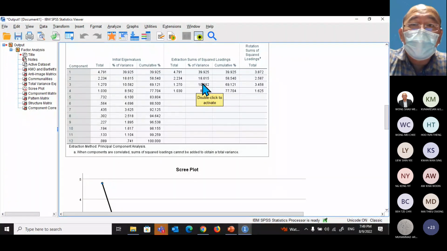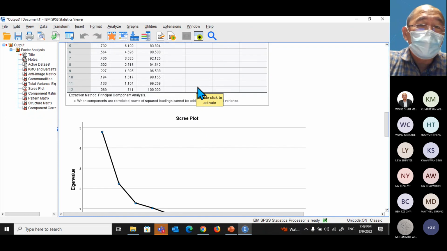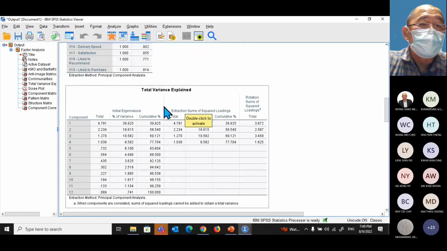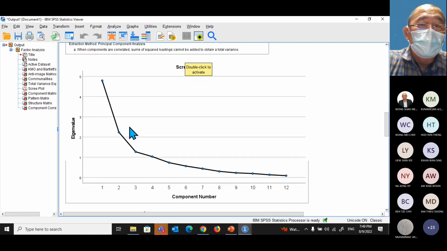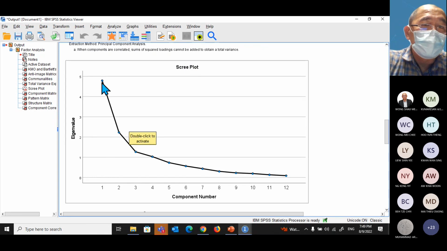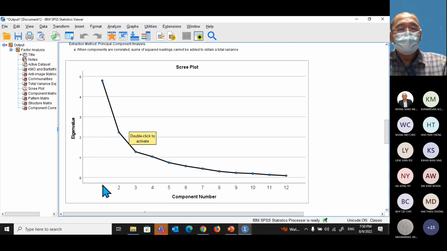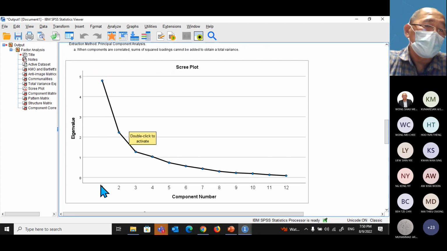Okay, so if no problem, now we see the scree plot. Actually, the scree plot is also linked to the eigenvalue. You see the first component, 4.7, about 4.8. On the x-axis, 1 means component 1. The eigenvalue is 4.8. Can you see?